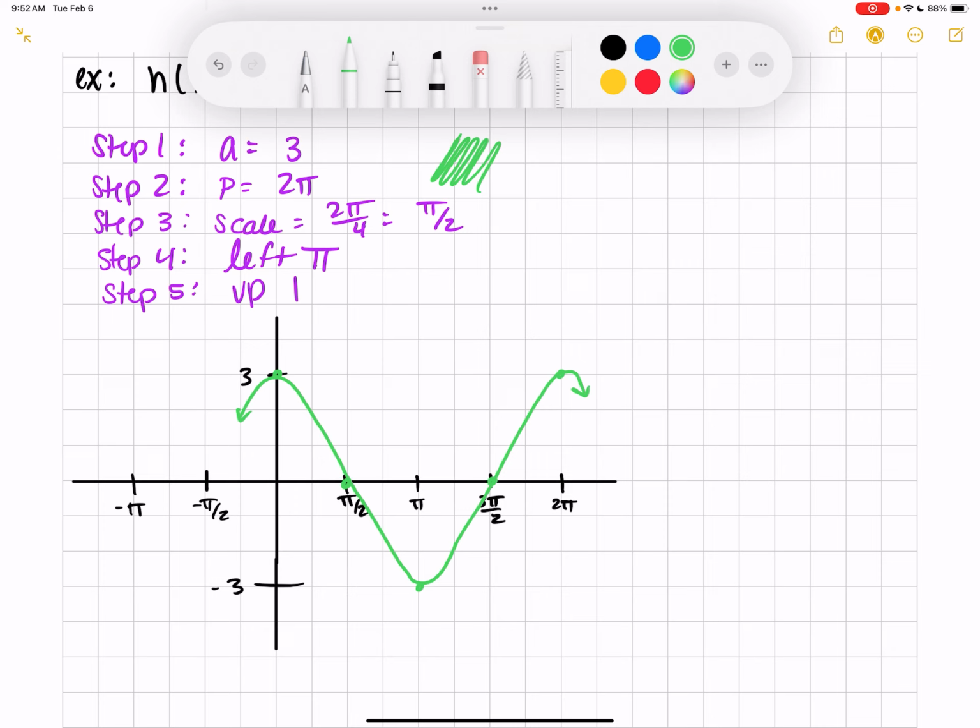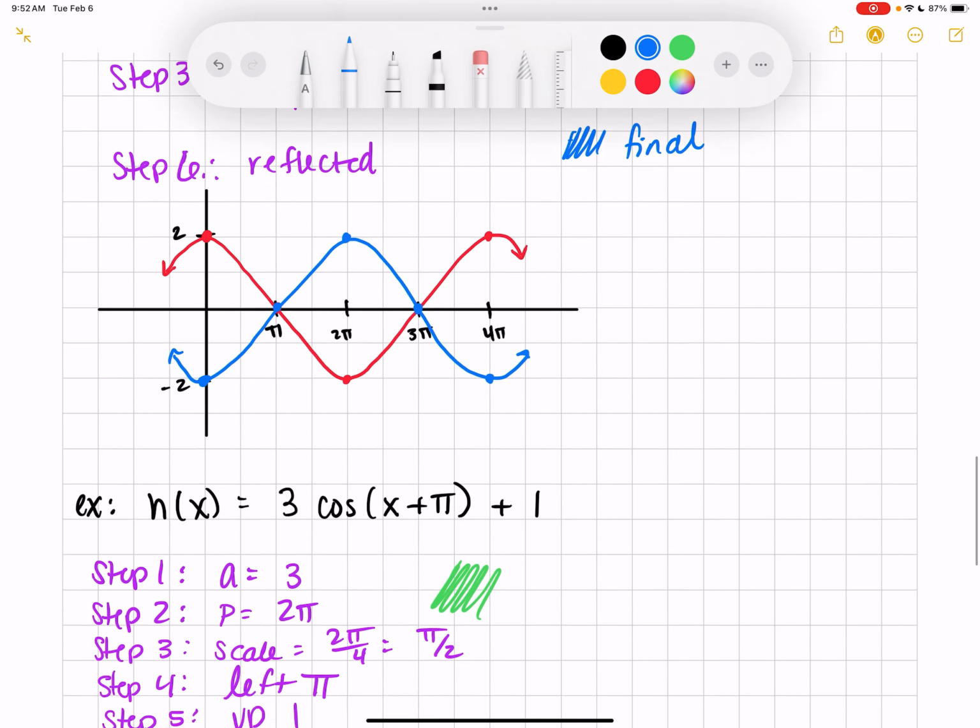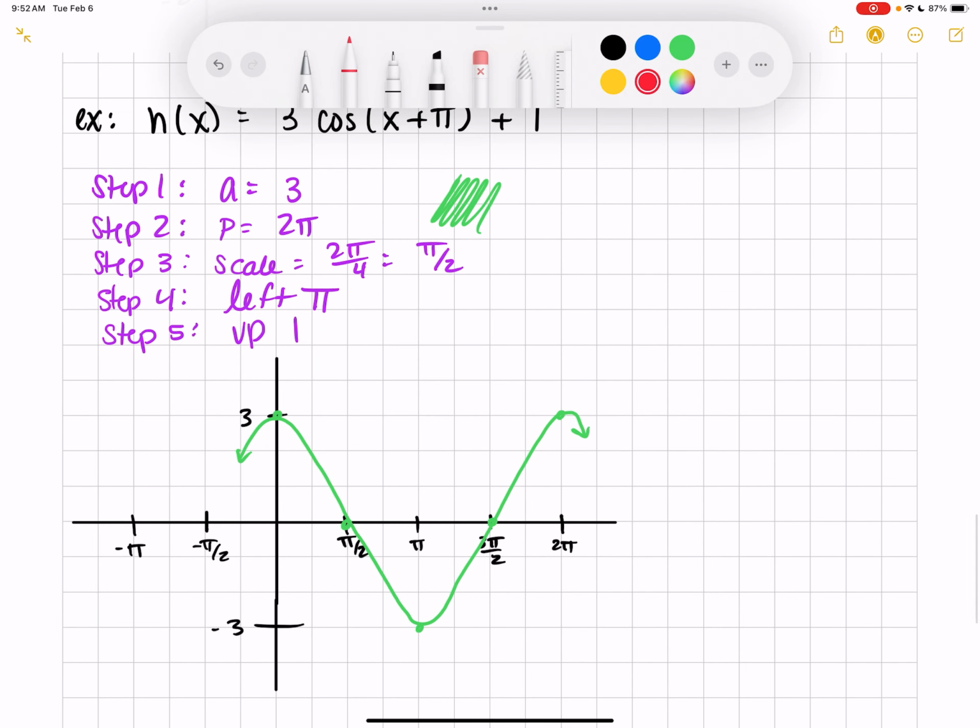Now, left pi, that means every point is getting shifted pi units, okay? So in this case, it's going over like 2 whole spots. So I'm going to do this one in, what color did I do the final in up here? Blue. Okay, we'll do this one in red. So this shift is going to be done in red. So left pi, so I take this point, it comes over to negative pi from 0.